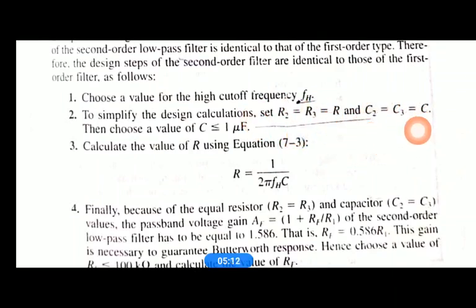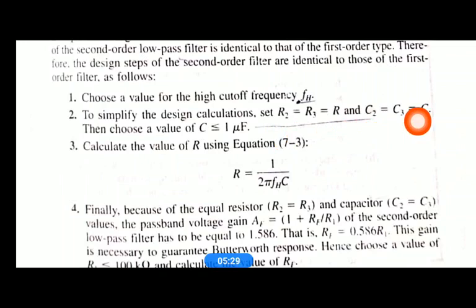First you select C, which should be less than 1 microfarad, right? By using that C you calculate R, which is equal to R3 and R2, and C is equal to C3 and C2.